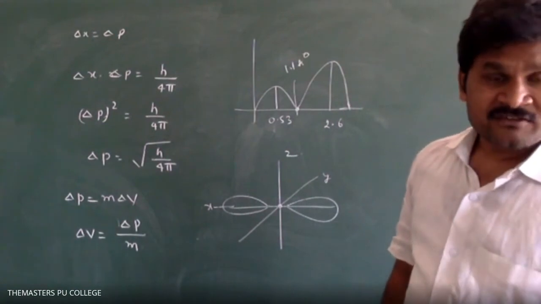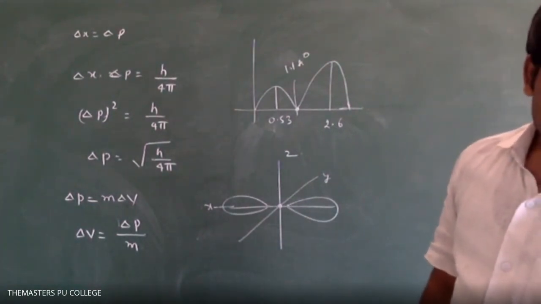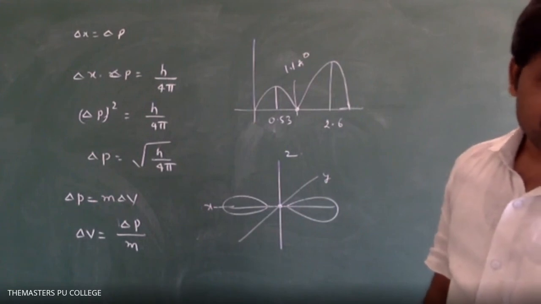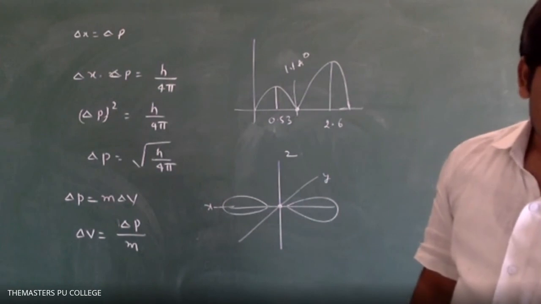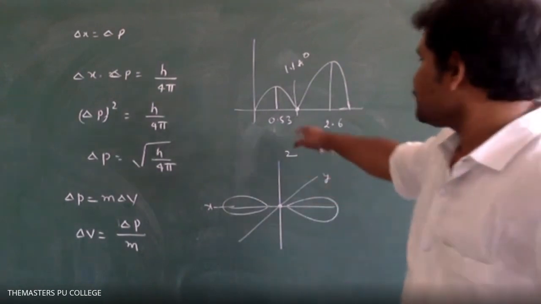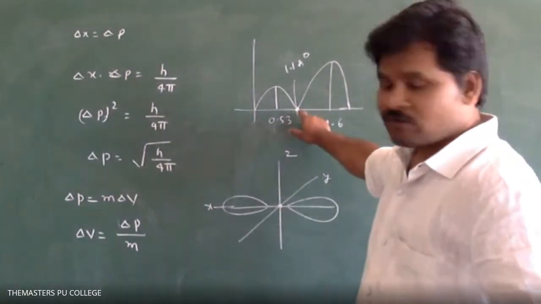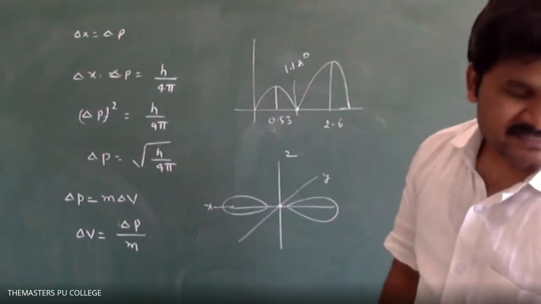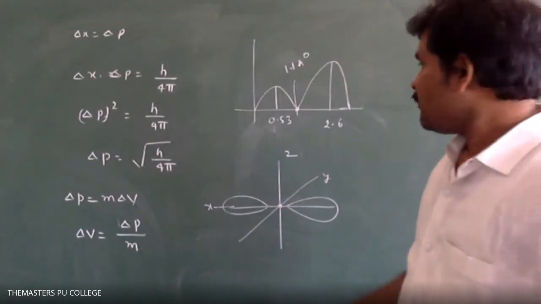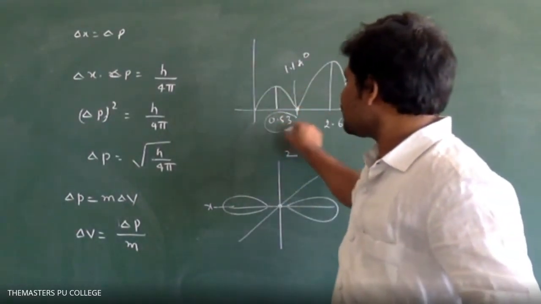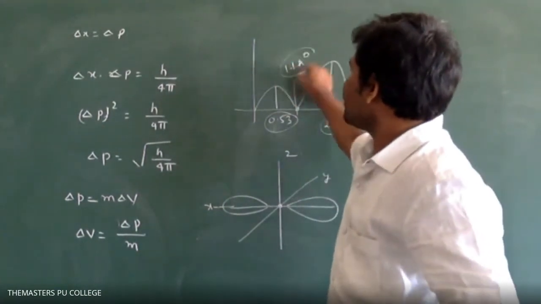Read the question: in the radial probability distribution curve for the 2s orbital of the hydrogen atom, the minor maxima, meaning the first peak, the radial node, and the major maxima occur at the following distances from the nucleus: 0.53, 1.1, and 2.6 angstrom.